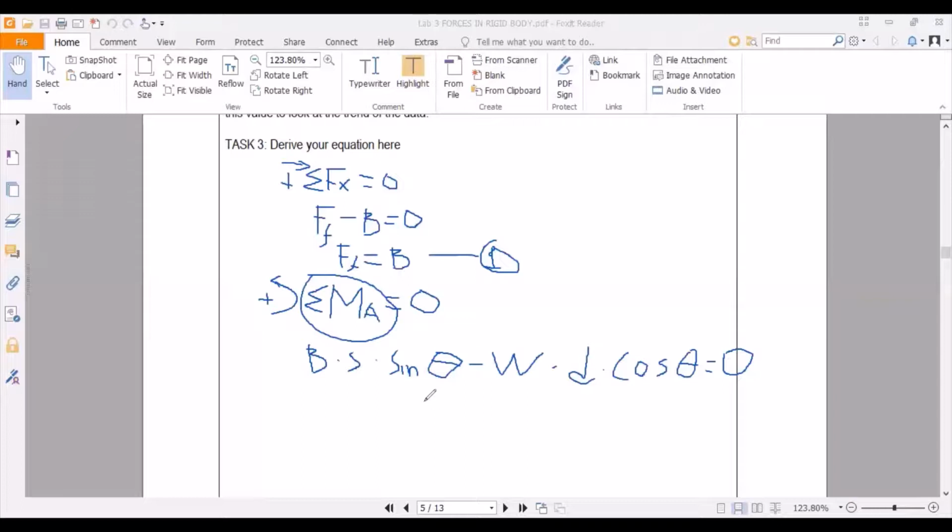And we can simplify this formula to F friction equal to W D and S tangent theta. Okay, now we call this equation 2.